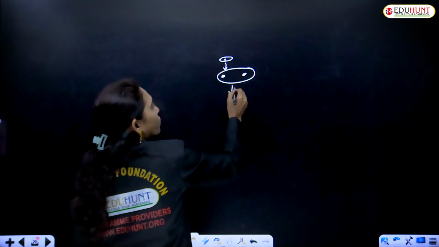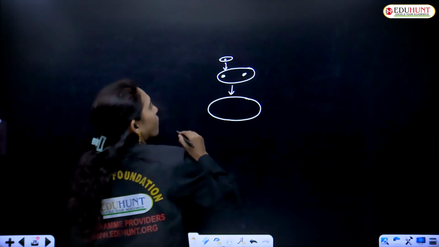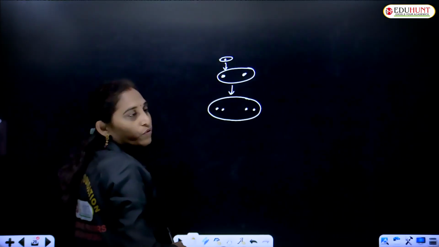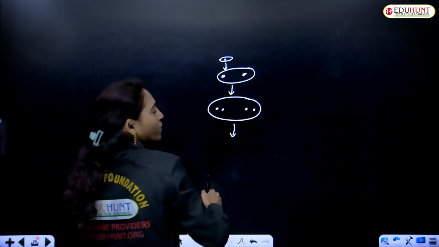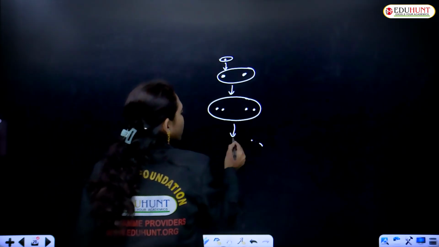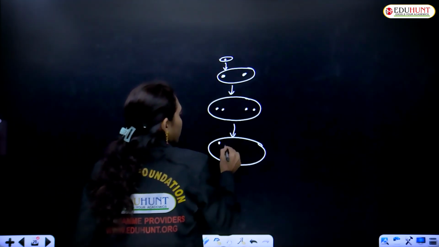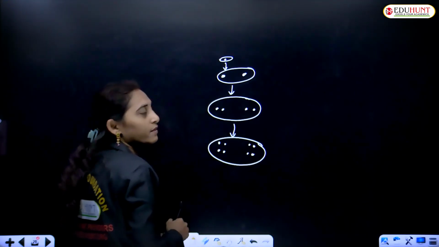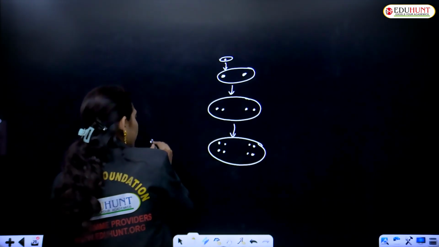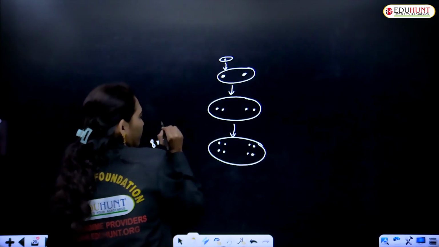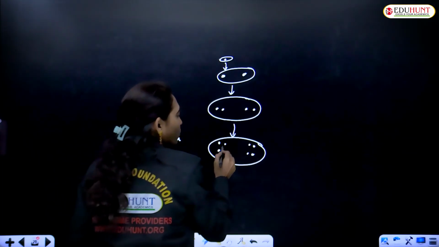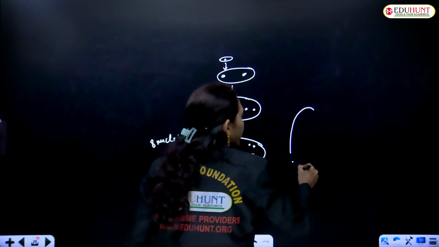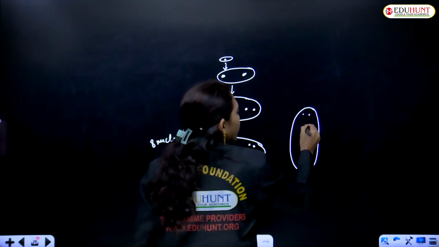These 2 nuclei undergo one more division, giving 4 nuclei, and these 4 nuclei undergo one more division. How many nuclei are there? 8 nuclei. Out of the 8 nuclei, if we turn this in a vertical direction, it looks like this.